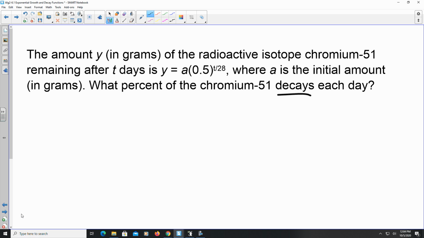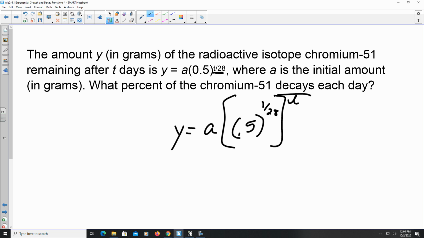So we know it's a decay, so we're going to use the decay formula eventually. What I'm going to do is break this up and say y equals A times 0.5 raised to the 1 over 28th power, and then the whole thing's going to be raised to the t power.